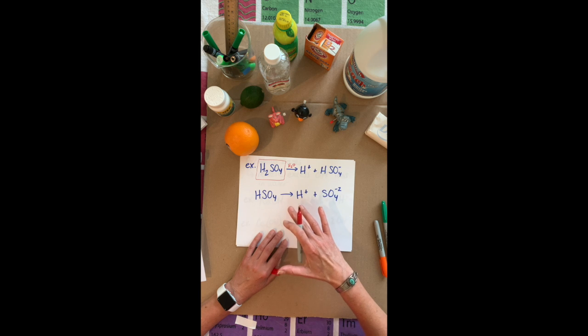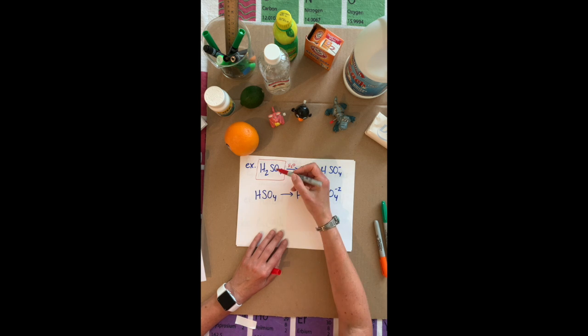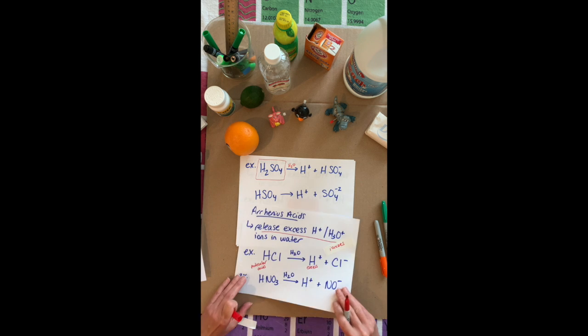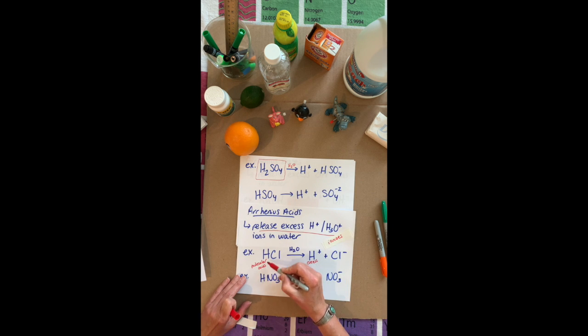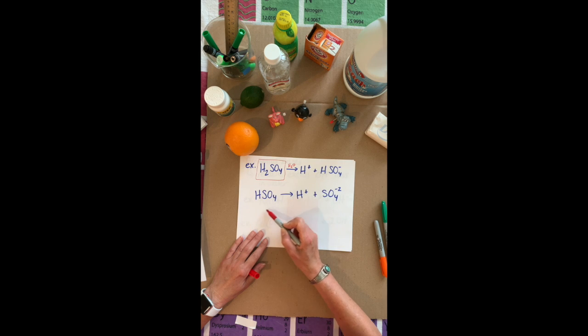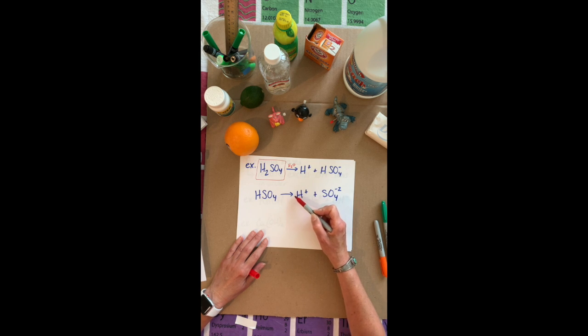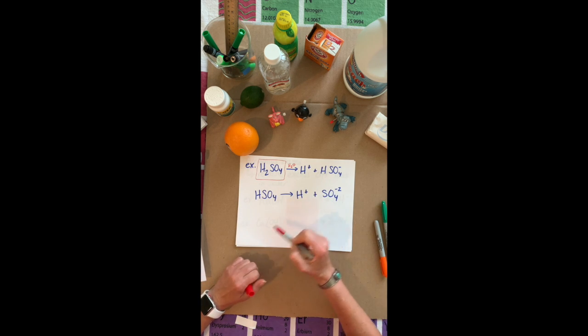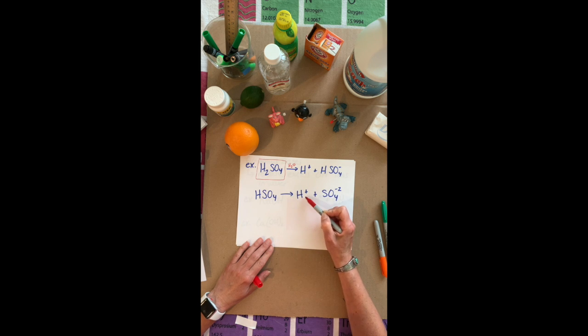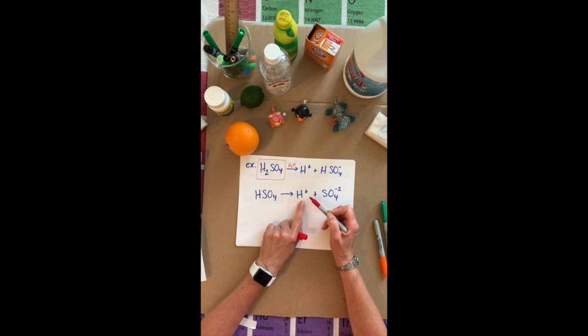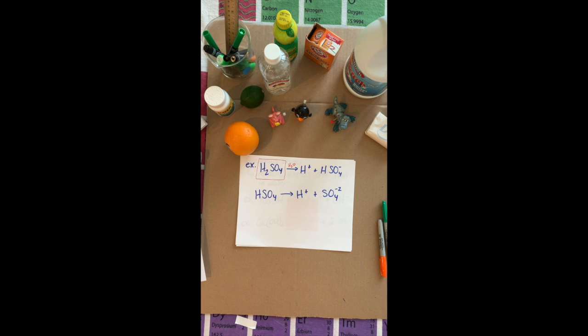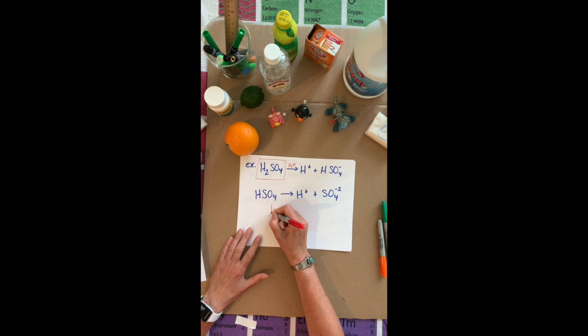Well, this is a more complicated acid in the sense that there's 2 hydrogens associated with it, as opposed to the single hydrogens here. That hydrogen sulfate further can ionize, releasing another hydrogen ion, and that sulfate ion. So this is considered to be diprotic.